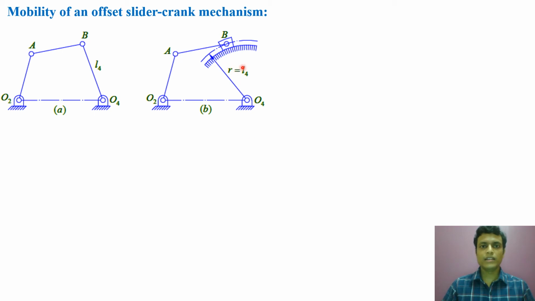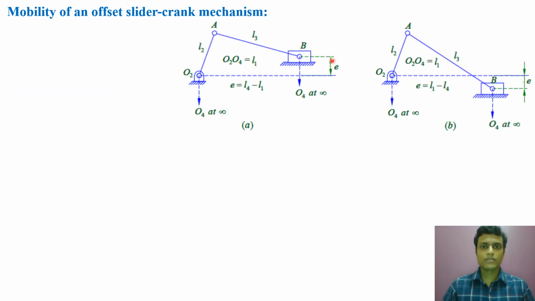Then what is the value of r or L4? R or L4 also becomes infinity, and the arc will become a straight line, and that will become an offset slider crank mechanism. So this is an offset slider crank mechanism where the offset is E, O2A is the crank and AB is the connecting rod.